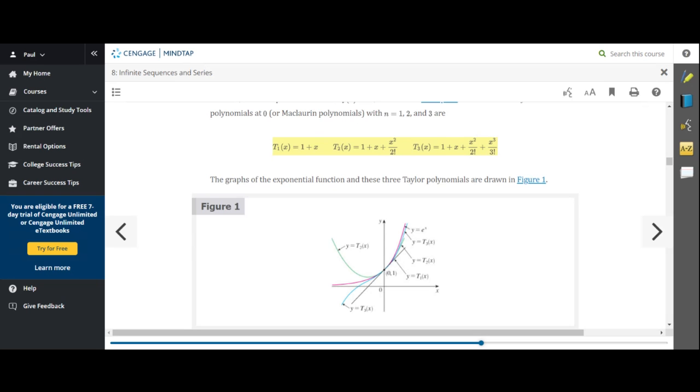But why? You're right. Looking at the picture, T3 does approximate the exponential function the best. Would we expect it to do the best? I mean, is it just coincidence? Is there a reason why maybe T3 approximates e to the x better than T2 or T1?